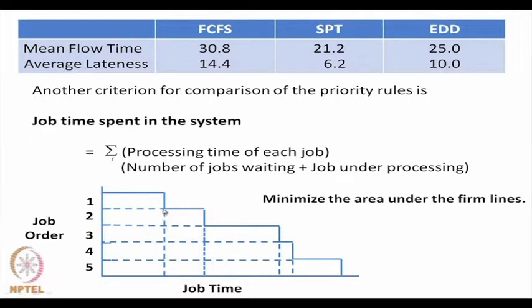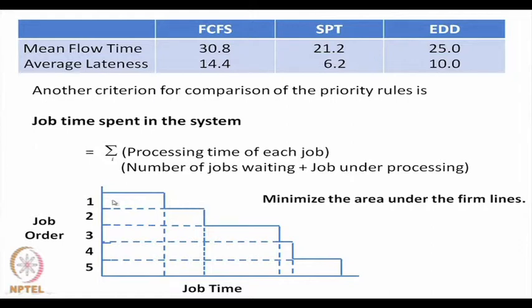So, this total area is the time for which all the jobs are in the system: waiting time for 2, 3, 4, 5 and processing time for job 1. Then job 2 is taken up. Its processing time is 7 days.